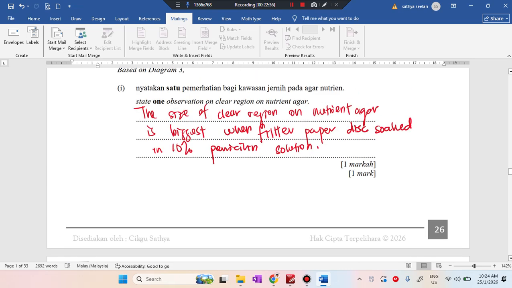Okay, why you tell 10%, then 30%. Okay. Why is the 30% one the biggest area? The size is biggest because the high concentration antibiotic will prevent the growth of bacteria and can kill more bacteria. Don't use microorganism because antibiotic only works for bacteria.